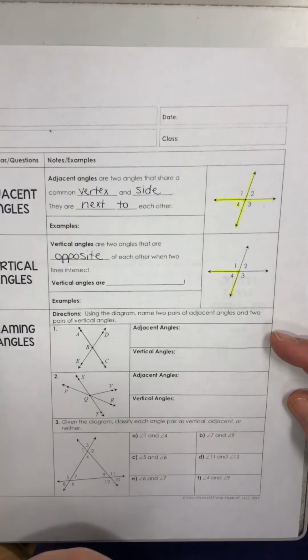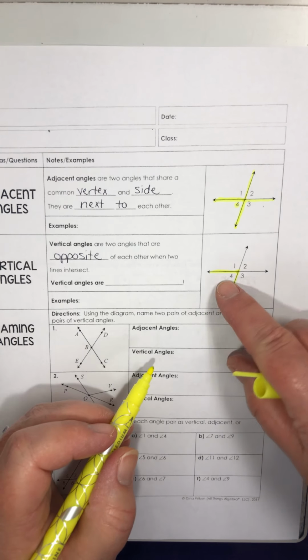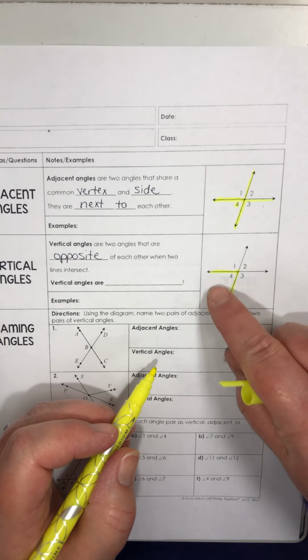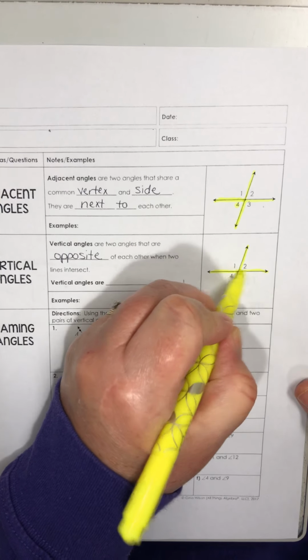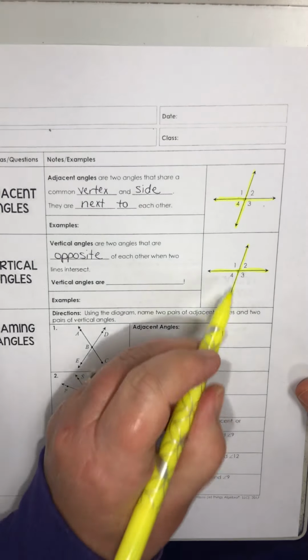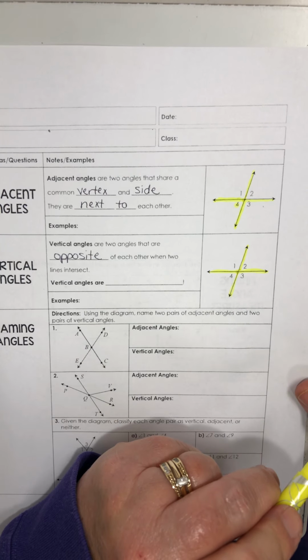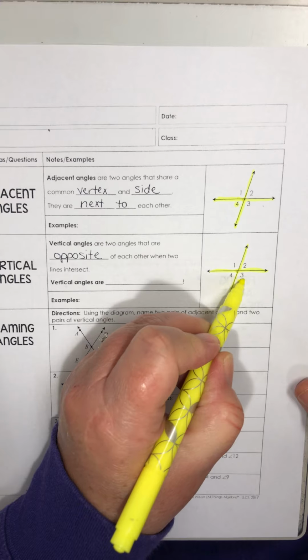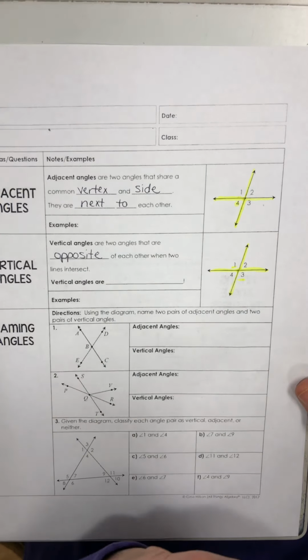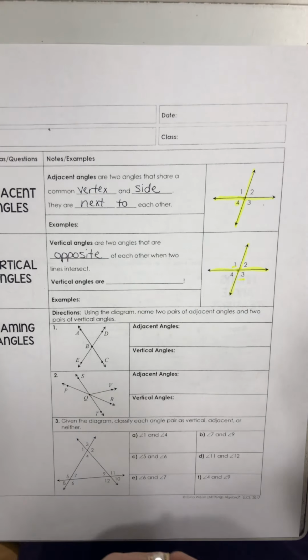Here's its vertex. Opposite, not next to it, would be angle 2 on the opposite side. Okay, so angle 4 and angle 2 are vertical angles. That's their relationship. Angle 3 and angle 1 are opposite each other. They are vertical angles.